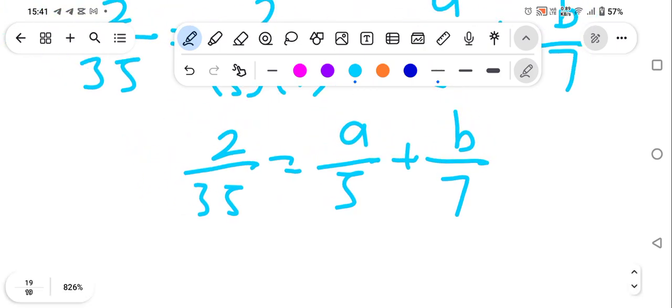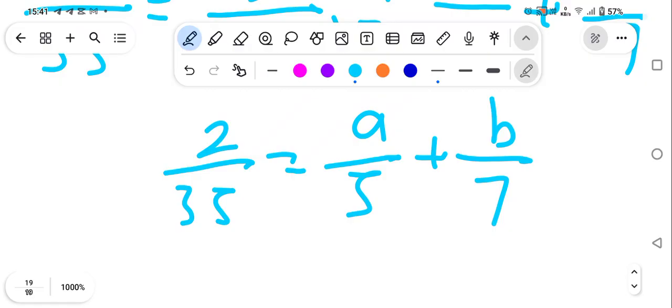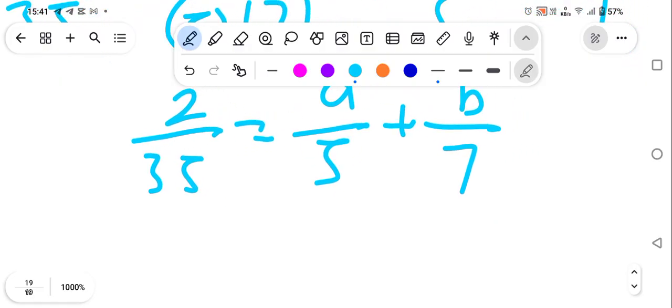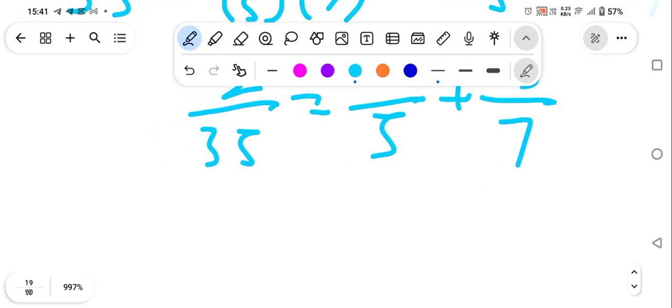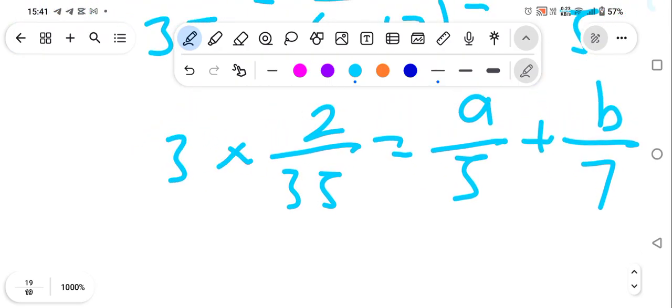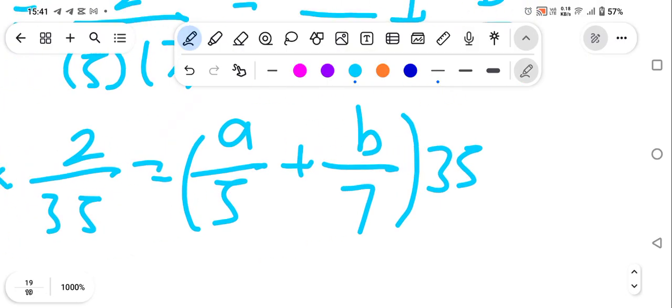And there are a lot of methods of solving it, including substitution, even elimination. I'm gonna guide you step by step. So we have 2 over 35, and we're gonna multiply both sides by 35.